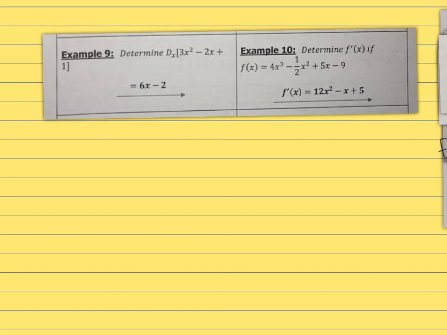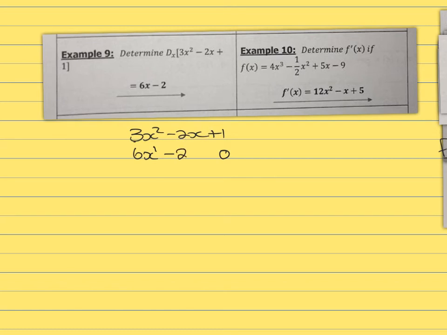Okay, the first one, that is now 3x squared minus 2x plus 1. Now, the minute there's no exponent, that becomes 0. Okay, this one will be 3. This one will be 3 times 2, which is 6. X, 2 minus 1 will be 1. Minus, the 2 times 1 is 2.